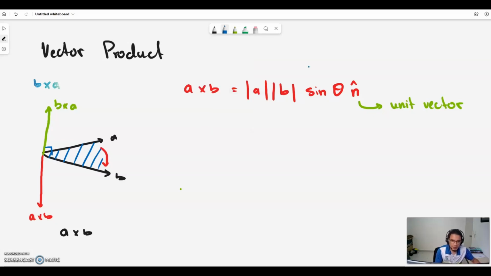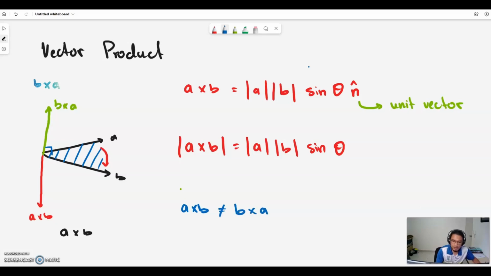If we calculate the magnitude of A cross B, it will be equal to the magnitude of A, magnitude of B, sine theta only, because the magnitude of a unit vector is equal to 1. As I already showed you, A cross B is not equal to B cross A, but A cross B is equal to negative B cross A.